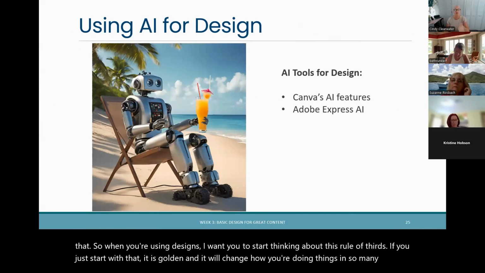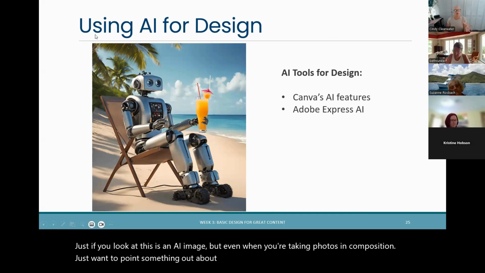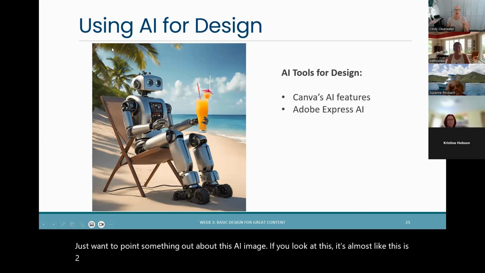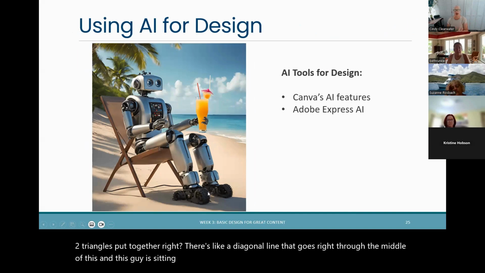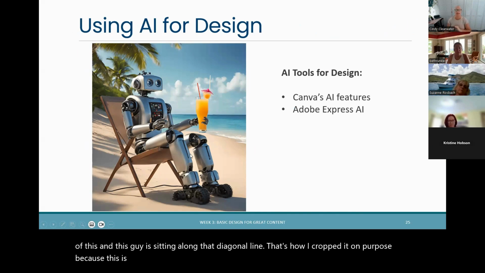Just look at this, an AI image. But even when you're taking photos in composition, I just want to point something out about this AI image. If you look at this, it's almost like two triangles put together, right? There's a diagonal line that goes right through the middle of this, and this guy is sitting along that diagonal line. That's how I cropped it on purpose, because this creates what we call a leading line.